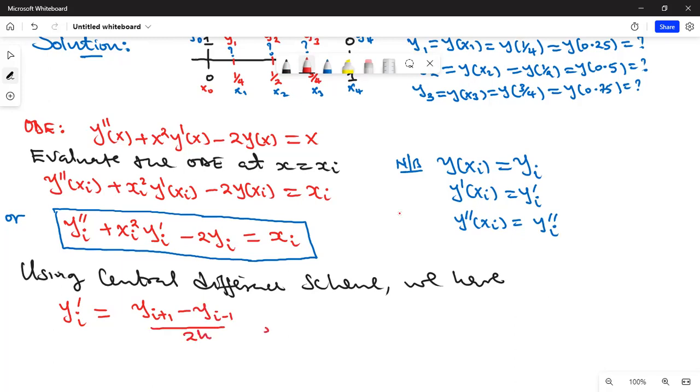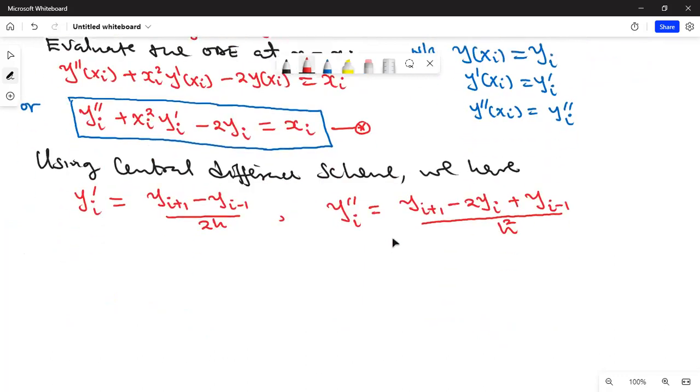For the second derivative, yi double prime is the same as yi plus 1 minus 2yi plus yi minus 1, and this is now over h squared. So we will substitute them back into this equation, the one I'm calling star, and then we simplify.